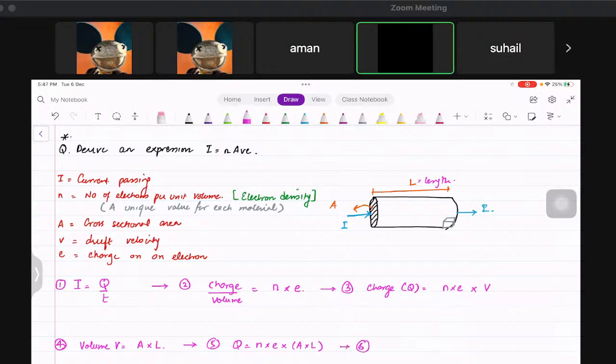I don't get how charge over volume is n times E. Because n is the number of electrons per unit volume. So if there are like 500 electrons per unit volume, and I multiply by the charge of one electron, won't you get the total charge over volume?